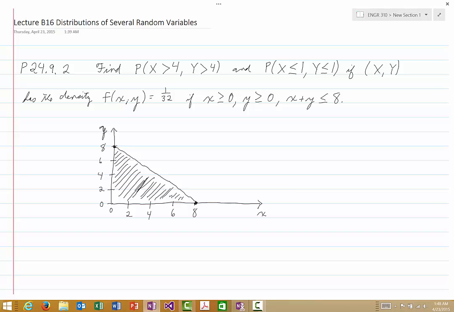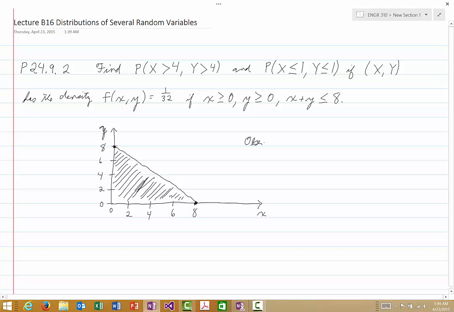Now, the first thing I want to point out to you, and it's not really necessary to make this observation in order to do this problem, but it will be a nice thing to know for some of your future problems. So I'll just make this observation.